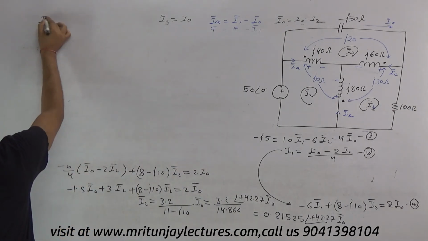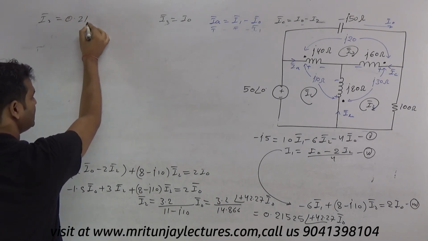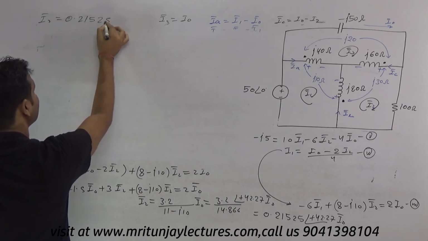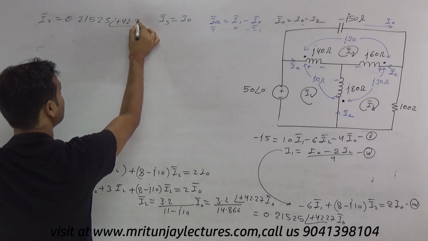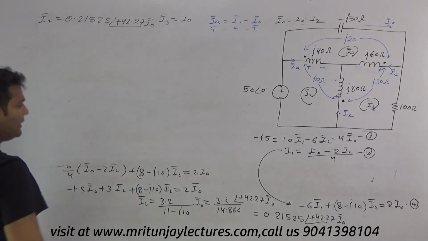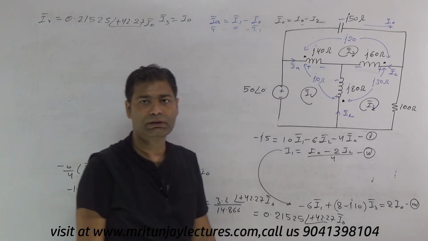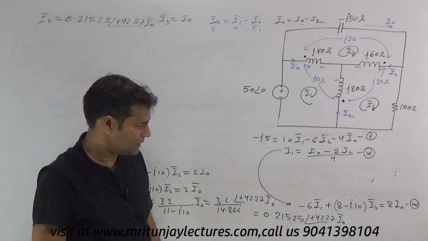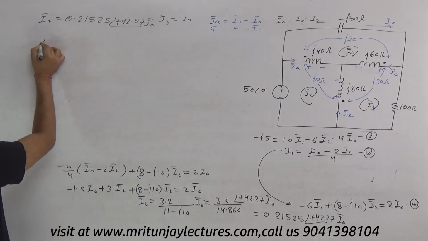I2, finally we got I2 in the terms of I naught, 0.21525 at the angle plus 42.27 into I naught. Okay, now another way, this is I2 in the terms of I naught. Now our next target, I1 in the terms of I naught.